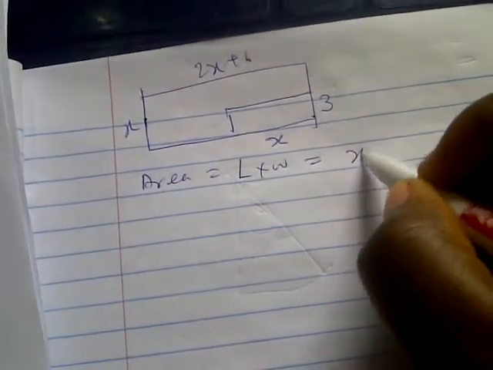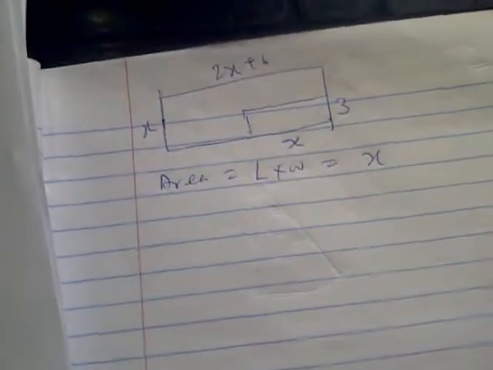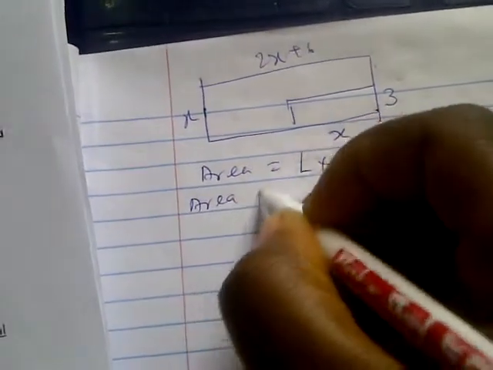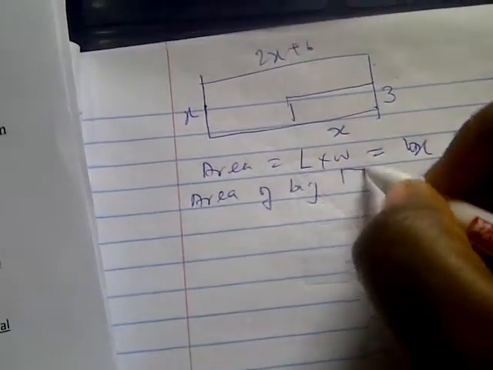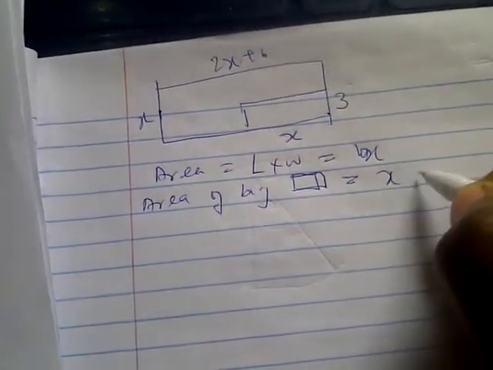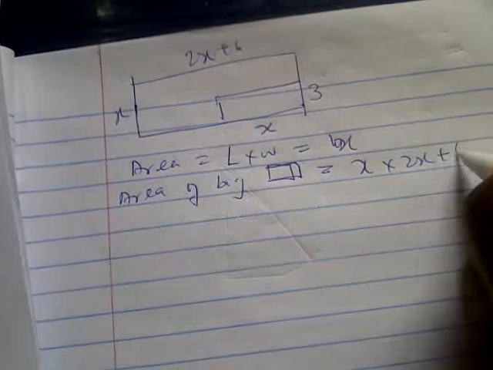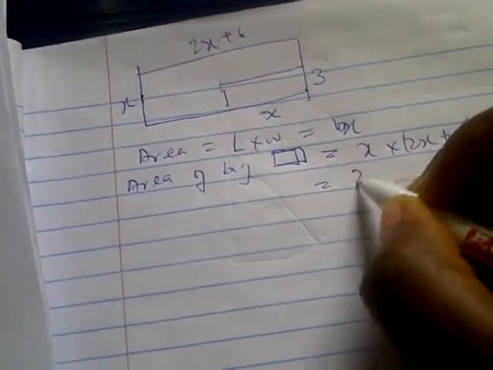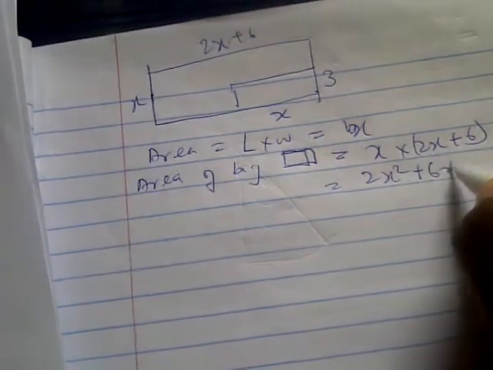Now the area of the big rectangle is equal to x times 2x plus 6, which is going to give us 2x squared plus 6x.